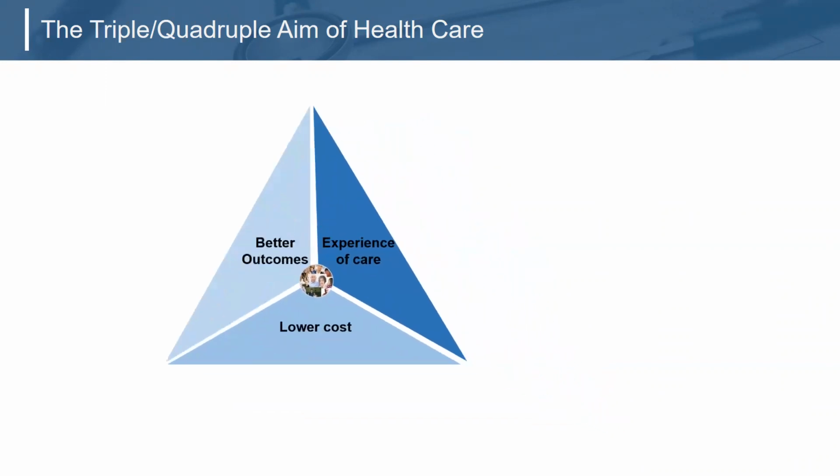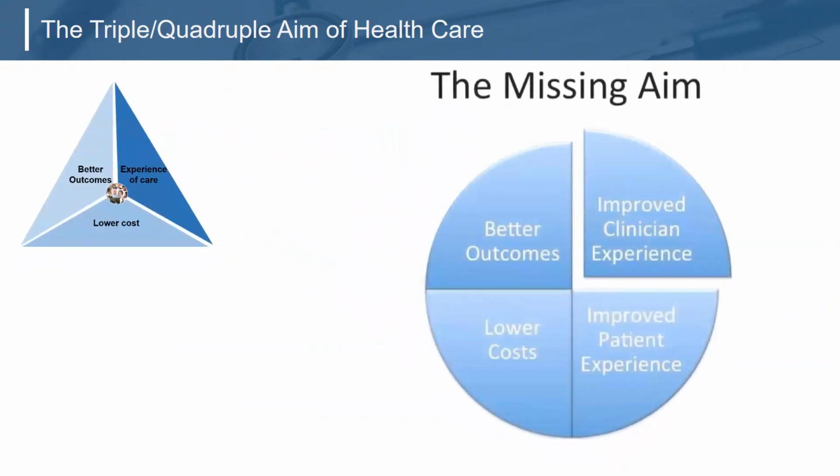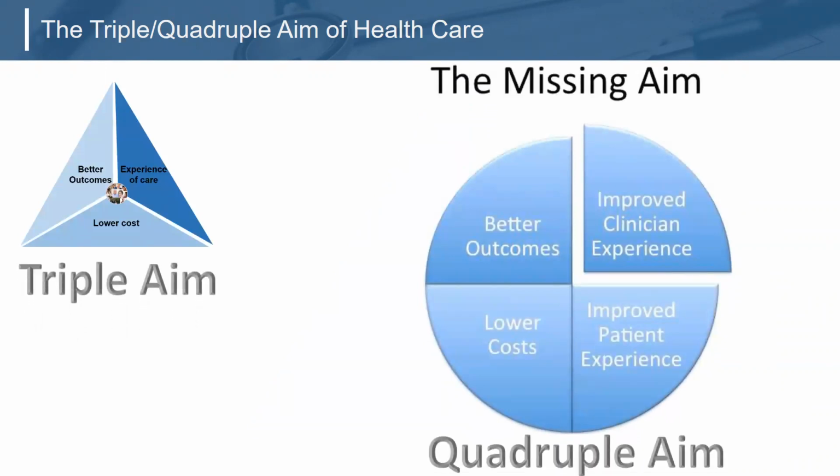When we move to the quadruple aim, we basically keep what's part of the triple aim, the better outcomes, population health, lower costs, keeping a sustainable healthcare system, but we split the experiences of care into two. So it's still the patient experience, but it's also the clinician experience. And in today's day and age with healthcare workers at their breaking points, it's really important that we consider their experience as well.